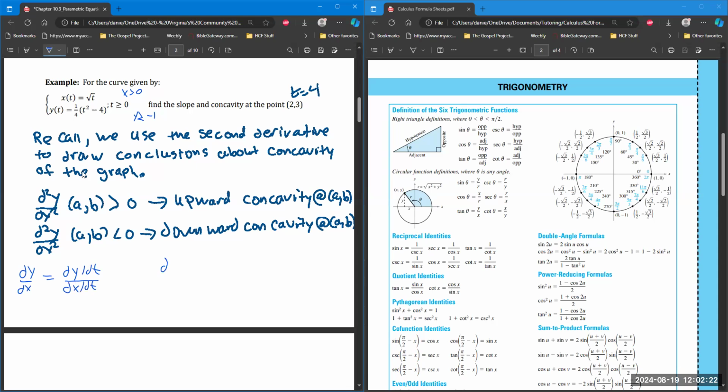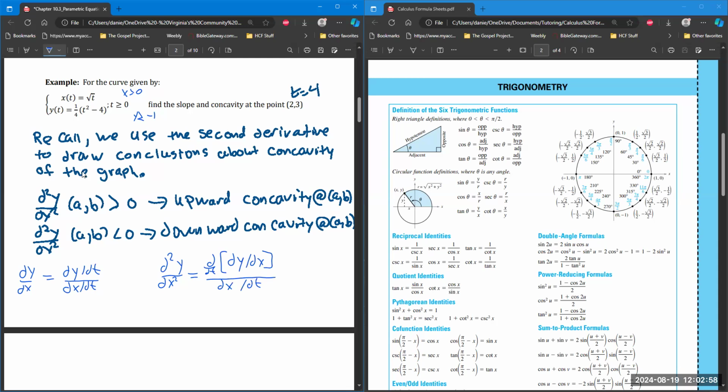If I want to find d2y/dx2, the second derivative of y with respect to x, then I'm going to take the derivative with respect to t of my dy/dx that I just found, and I'm going to divide that once again by dx/dt. So let's go ahead and do that here.